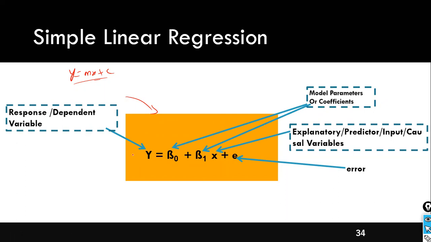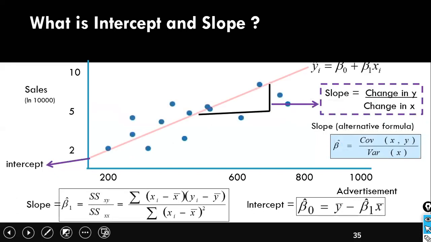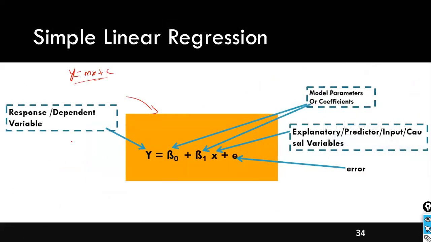Now let us take a look visually to understand this equation. So what is an intercept? We know very well what the independent variable and dependent variable are. Let's take a simple example: housing price, and this is the age of the house.